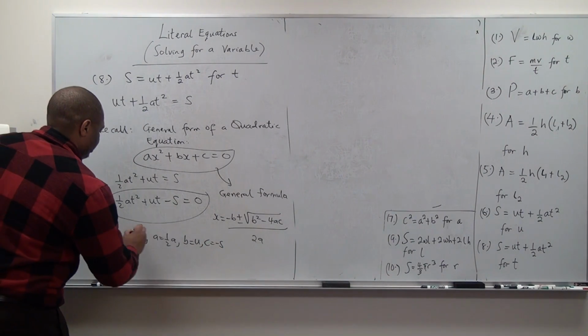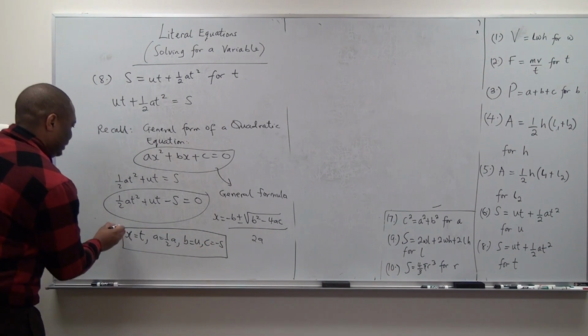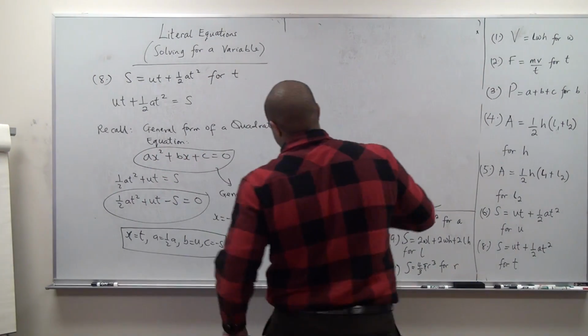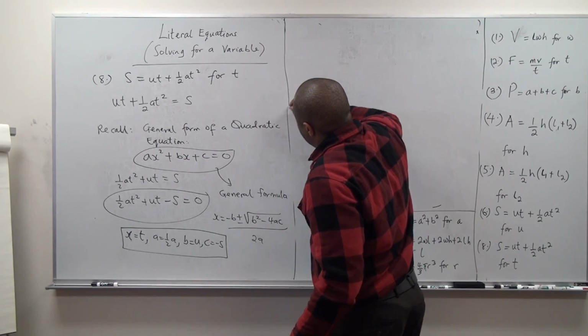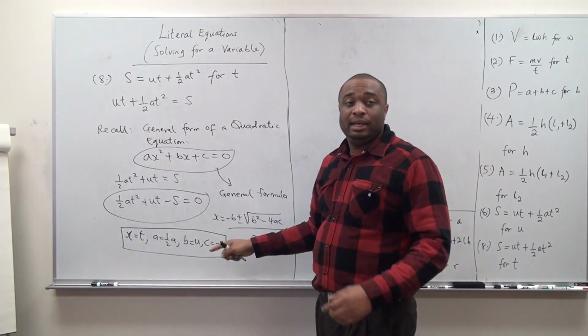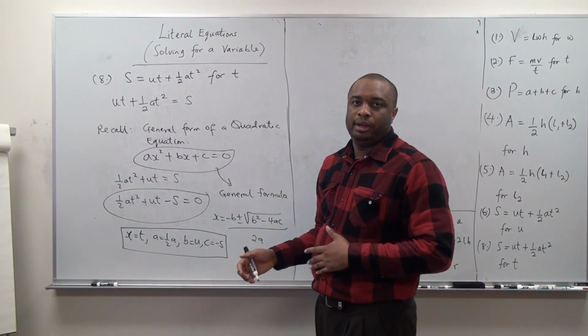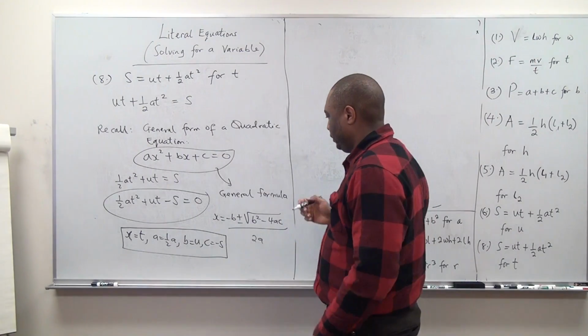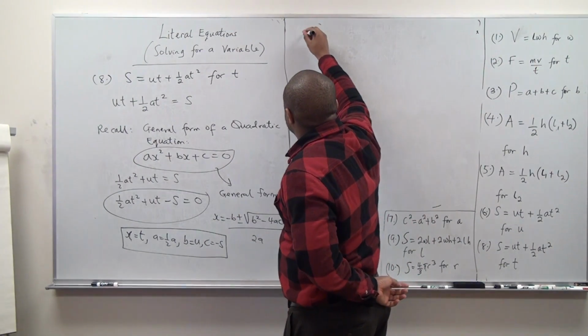So we put this right here like it is. If you want a detailed solution of this, just email me and I will show you. So x will be t.